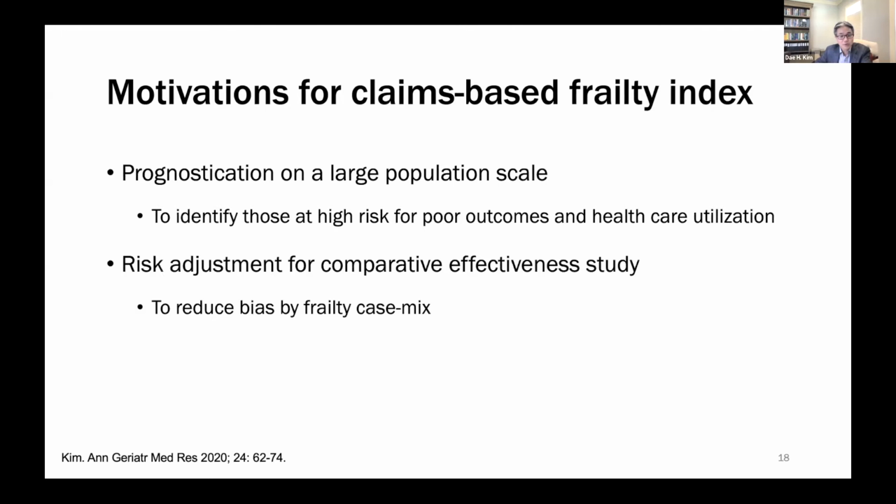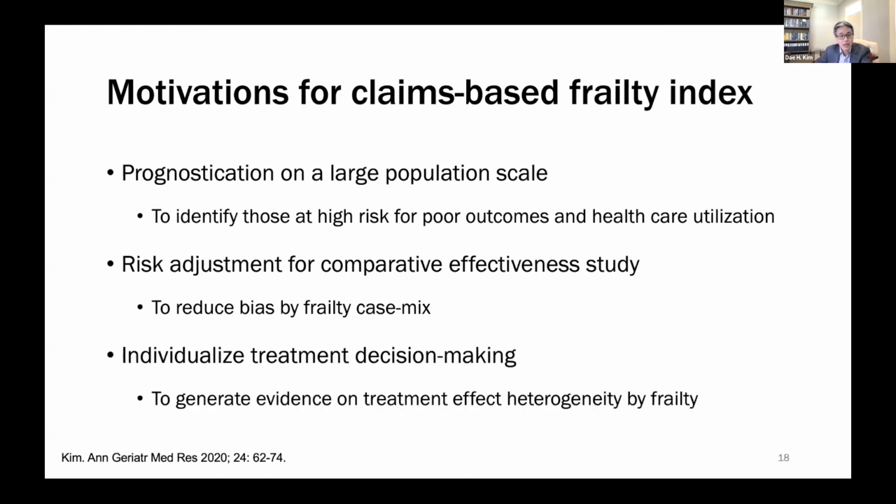Researchers can use it for case mix adjustment by frailty in a comparative effectiveness study and health services research. And we can use it to generate evidence from real-world databases on how frail patients benefit from a treatment differently from non-frail patients.